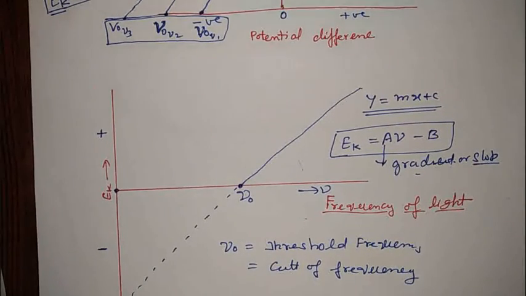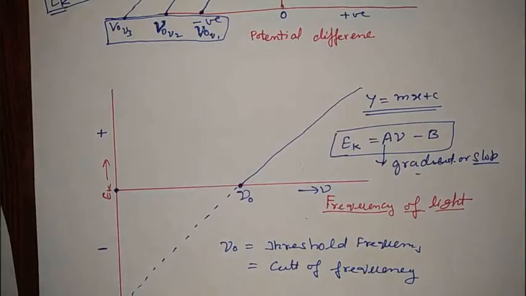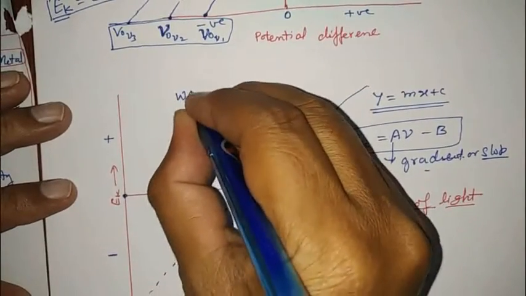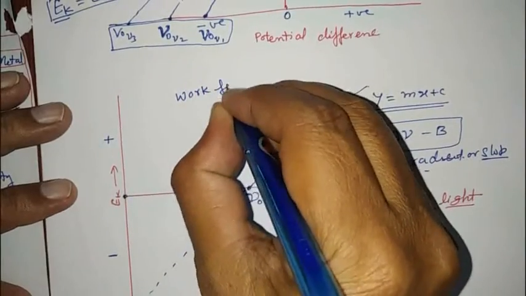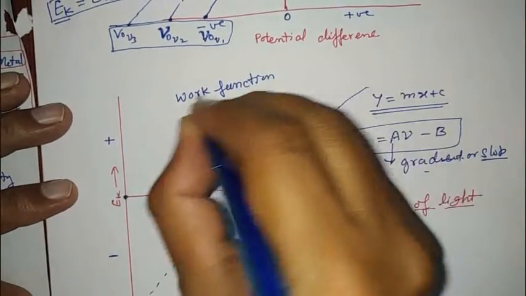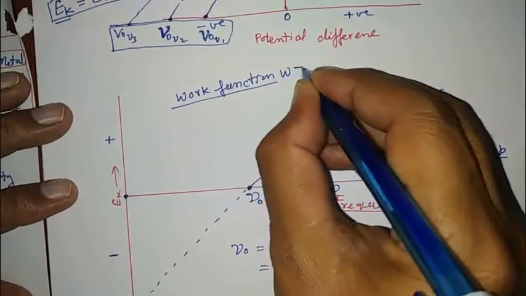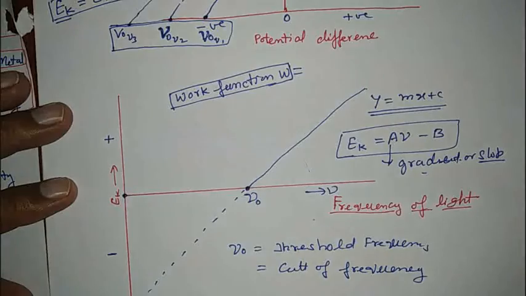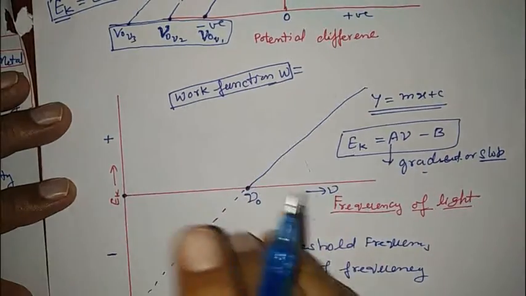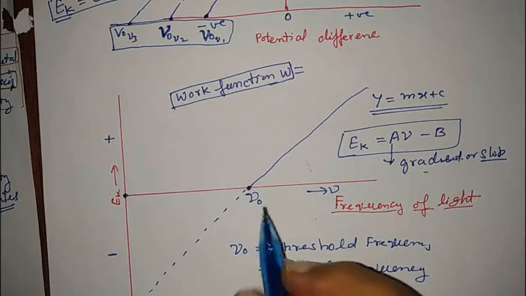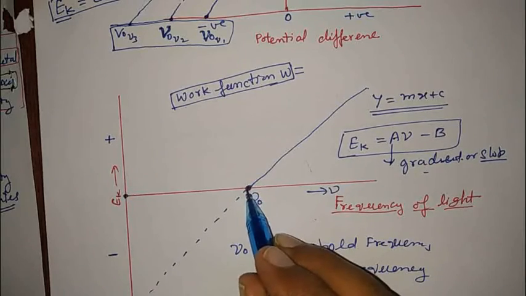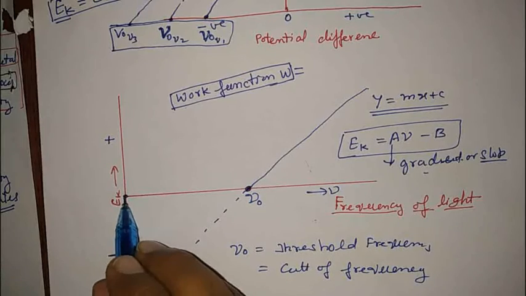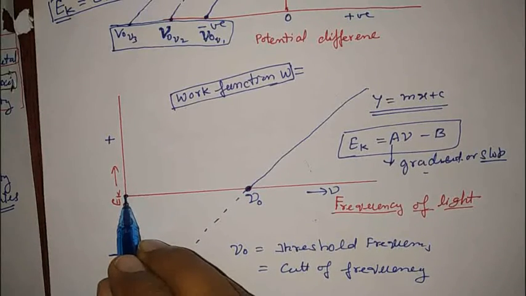Here one more important result is the concept of work function, W. See the very important concept here in the photoelectric effect, the concept of work function. See the emission at threshold or cutoff frequency. The kinetic energy of the photoelectron is 0.